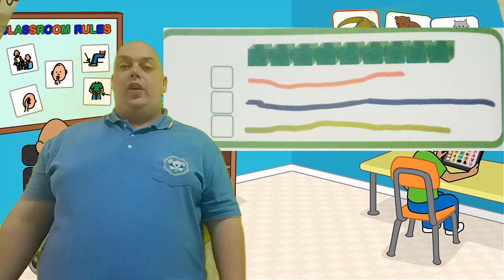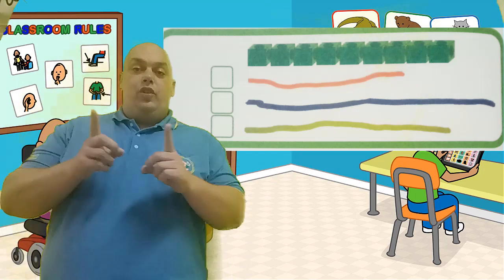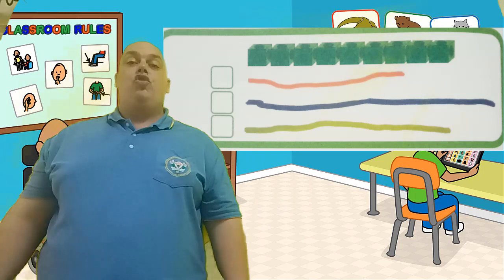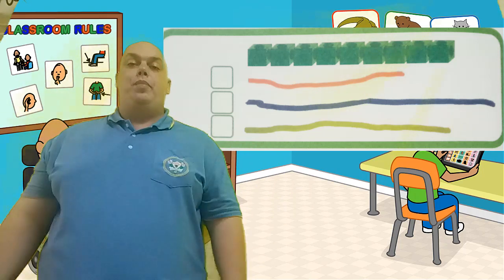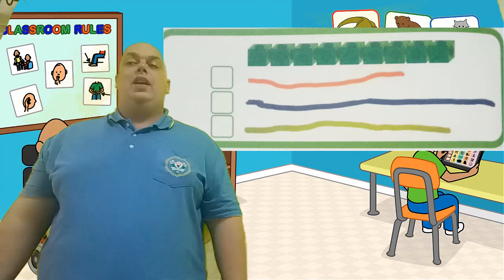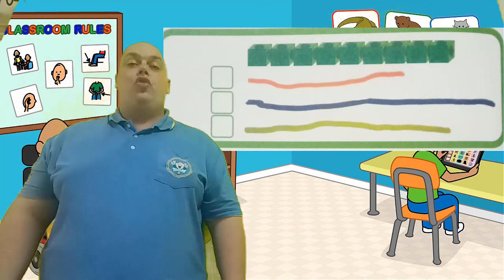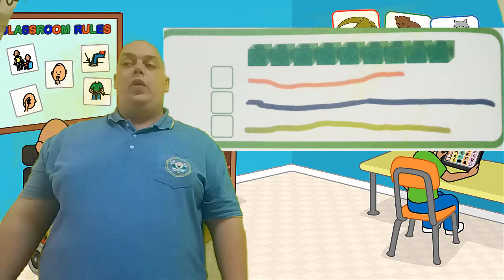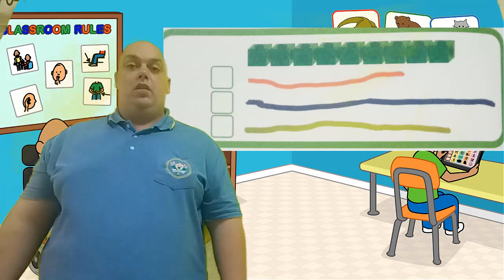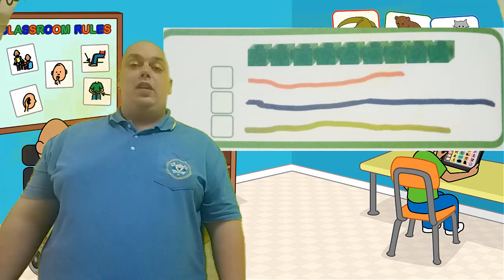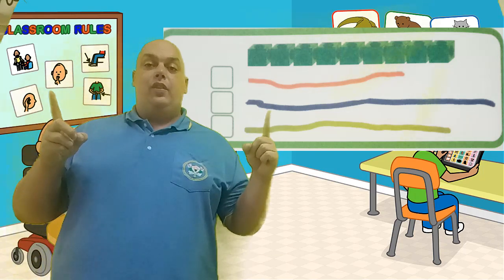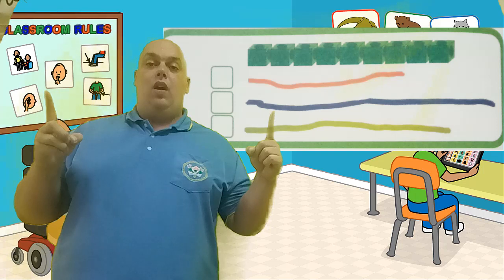Now, which color string is shorter than the row of blocks? Yes, very good. The orange string is shorter than the row of blocks. Okay, now which one is the same as the row of blocks? So if the row of blocks is this long, then the string is also this long.